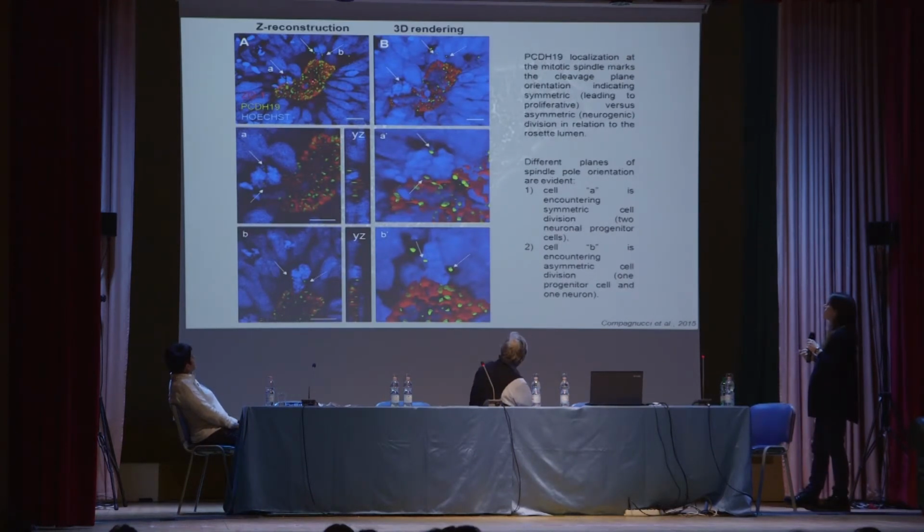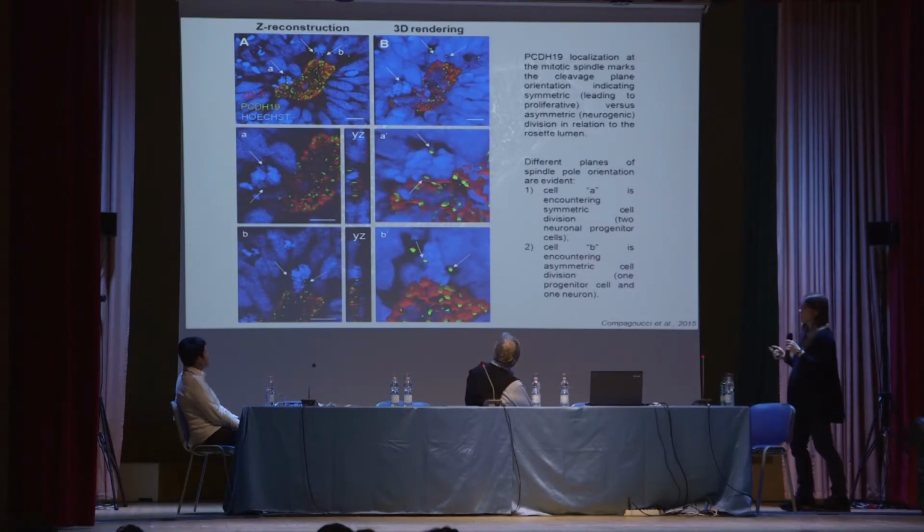Taking a closer look at the rosette, we've also seen two cells that are dividing. One is dividing in a symmetrical way with respect to the base and the lumen of the rosette, whilst the other one is doing it asymmetrically.